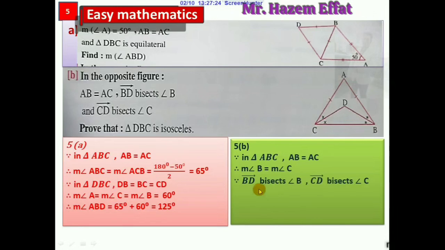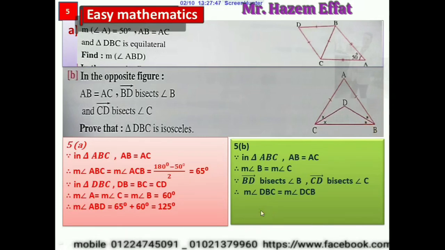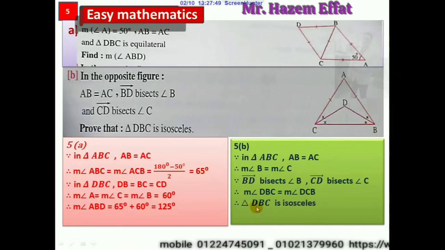By this way. Since BD bisects the angle B and CD bisects the angle C, we deduce that therefore measure of angle DBC equals measure of angle DCB in this small triangle. Now we proved that. Therefore, triangle DBC is an isosceles triangle.